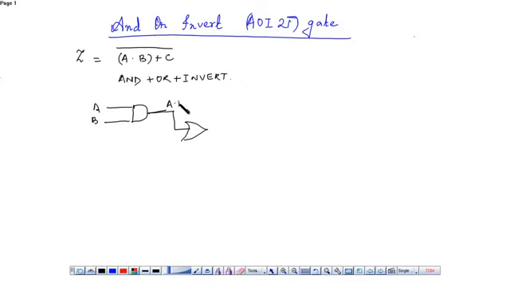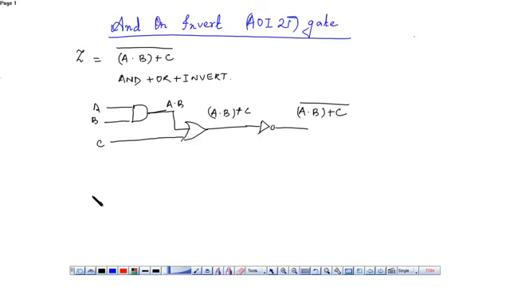This is A and B. This is the third input C. The output is A and B or C, and there is an inverter which produces the output A dot B plus C bar.